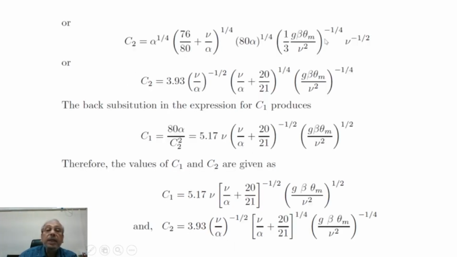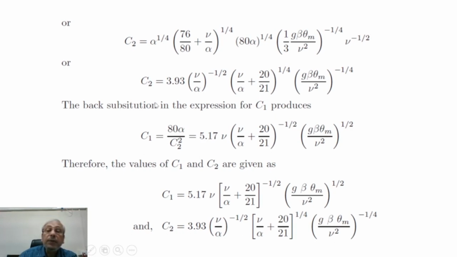And finally, after solving this, we get C2 equal to alpha power 1/4 within bracket 76 by 80 plus nu by alpha and bracket closed power 1/4, 80 alpha to the power 1/4, 1/3 G beta theta m by nu square to the power minus 1/4, nu power minus half.